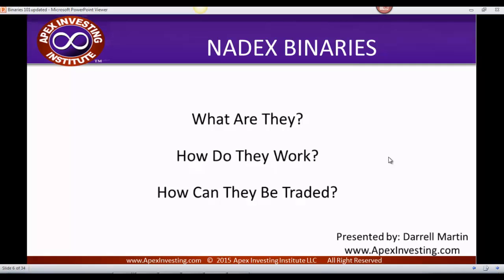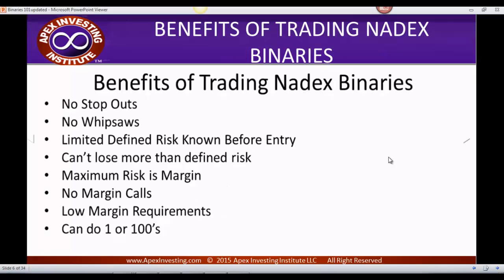So, Nadex binaries. What are they? How do they work? How can I trade them? First of all, the benefits of a Nadex binary. With the Nadex binary, you've got no stop outs and no whipsaws. It's limited, defined risk, known before your entry. It's not like trading spot Forex or futures, where the market can shoot up and go against you hundreds of points, and can blow through your stops, blow through your whole account.